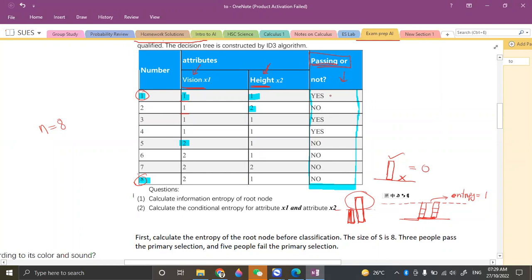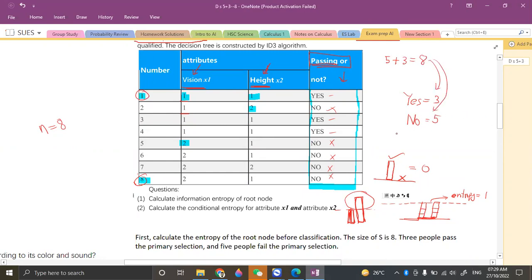So here we have 3 yes, and the rest are no, so we have 5 no. In total, 5 plus 3 is 8. So we have 3 yes and we have 5 no.